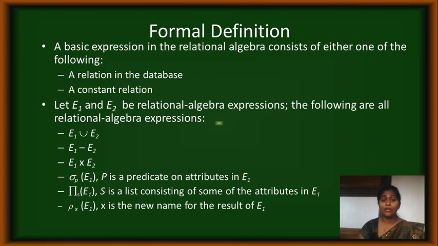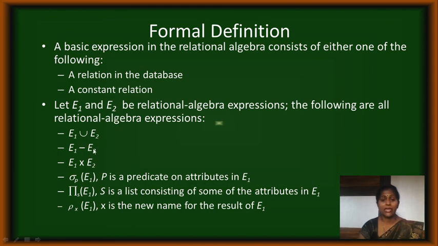And then what are the formal notations for all these relations we have discussed till now? The basic expressions in the relational algebra consist of either one of the following: a relation in the database or a constant relation. Where E1 and E2 are relational algebraic expressions, the following are all algebraic expressions: E1 union E2, it means relation R you can consider.